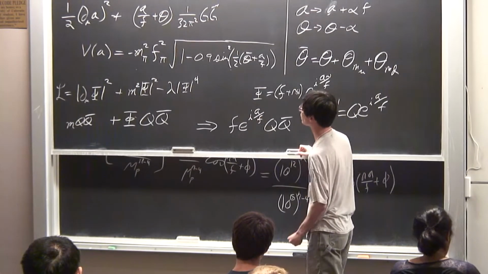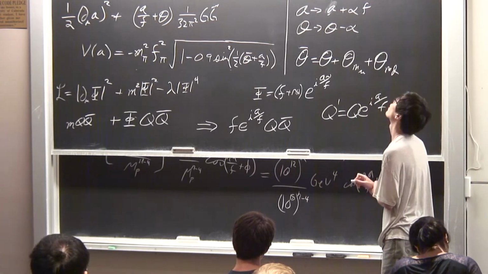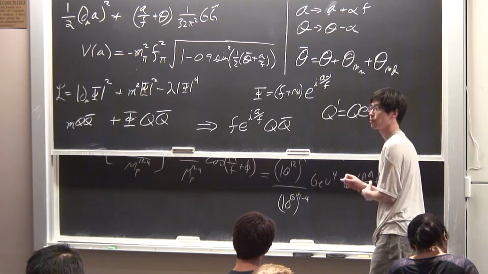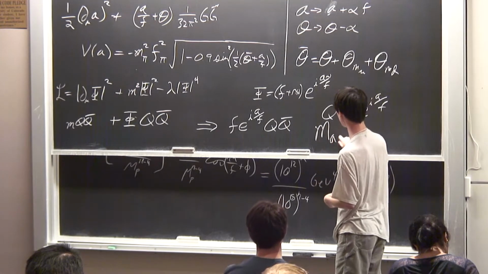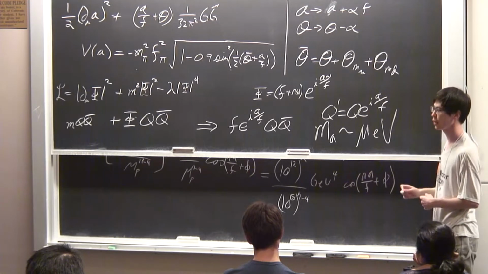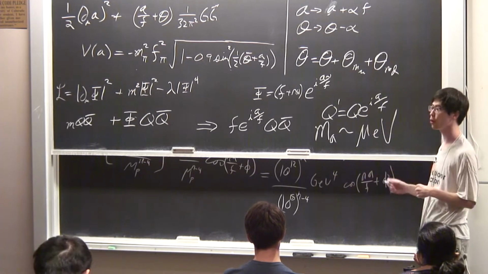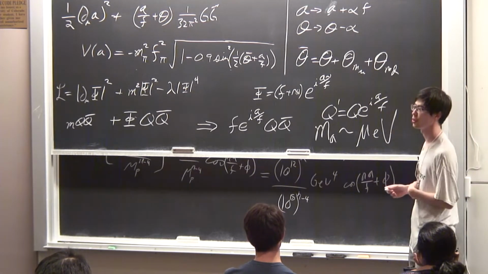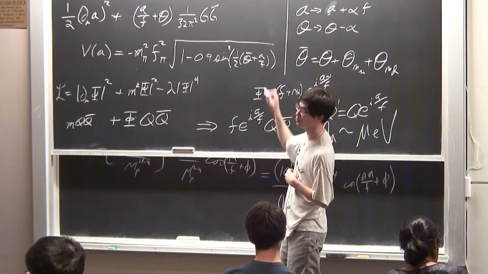This is a 100 MeV quantity squared over 10 to the 12 GeV, and that is numerically 10 to the minus 14 GeV, so about a micro eV. Because m_a scales as micro eV, at least for this particular value, it's much, much lighter than everything else. And so what you do is you just integrate out all of QCD and then ask, what is the potential remaining for the axion?